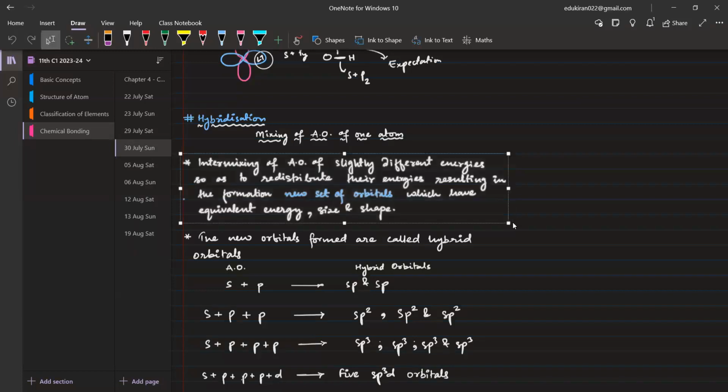You understood the concept of mixing of atomic orbitals of one atom, right? It will not get complete marks, but you will get partial marks for sure. Your answer is not wrong, but it is incomplete.